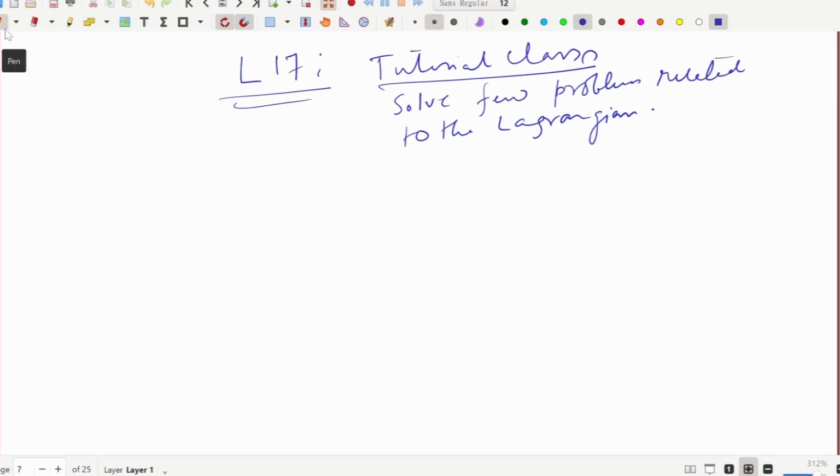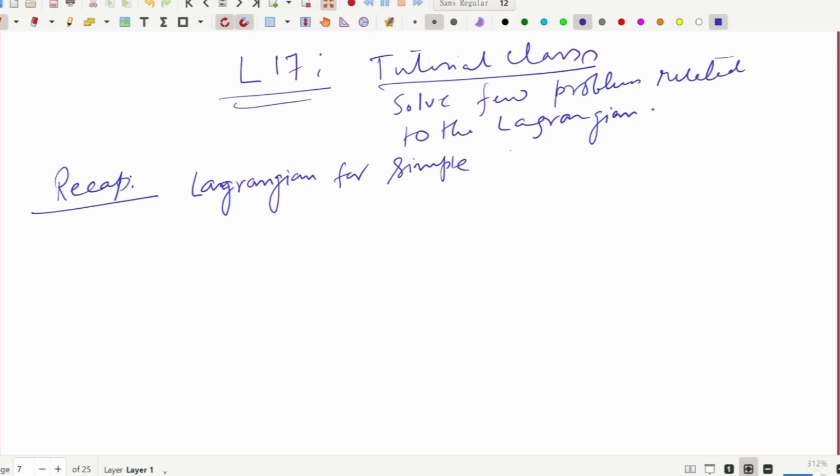Just to recap, in the last few classes we have been constructing the Lagrangian for various simple systems in a constructive manner.